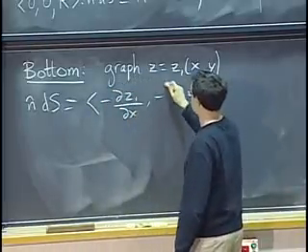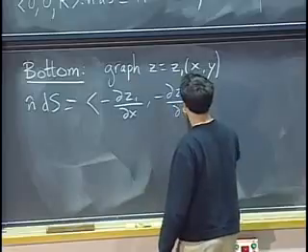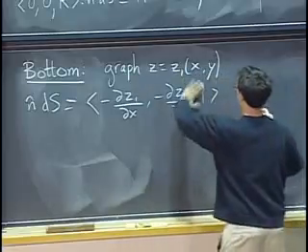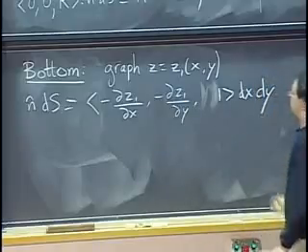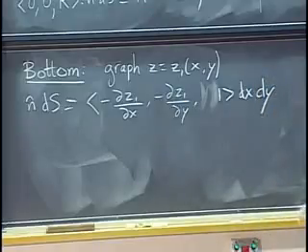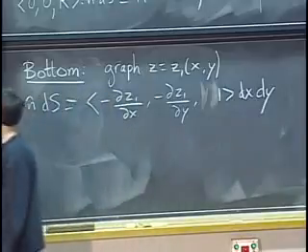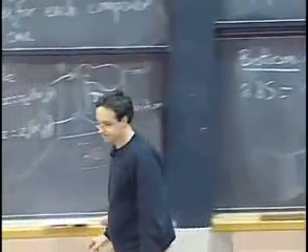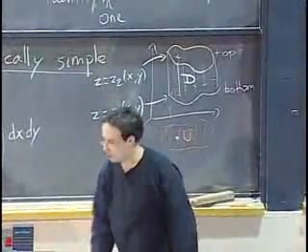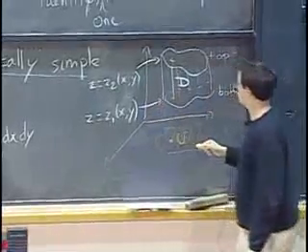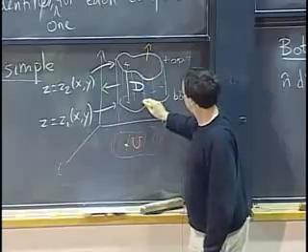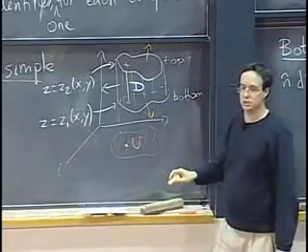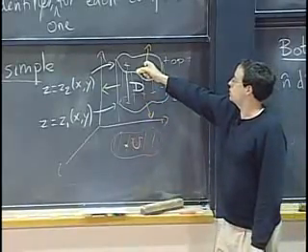Negative partial with respect to x, negative partial with respect to y, 1, dx dy. Now, there's a small catch. We have to think a bit carefully about orientations. Remember, when we set up the divergence theorem, we need the normal vectors to point out of our region, which means that on the top surface, we want n pointing up.